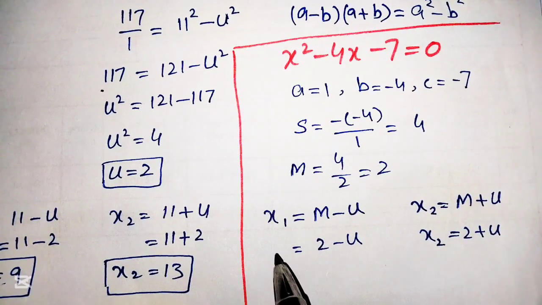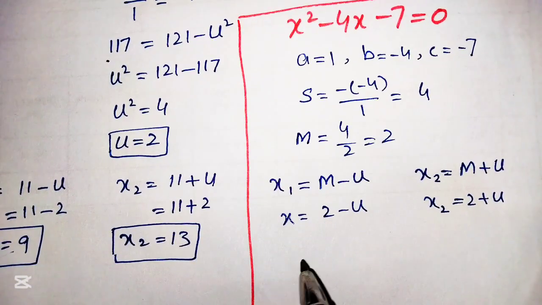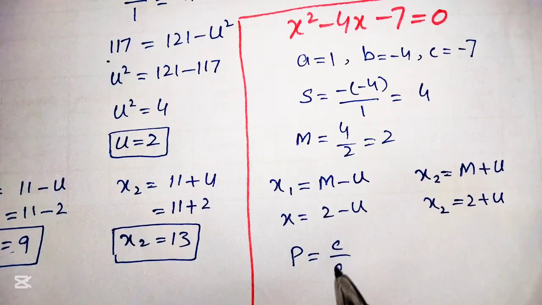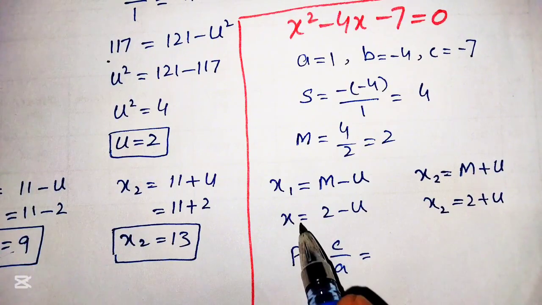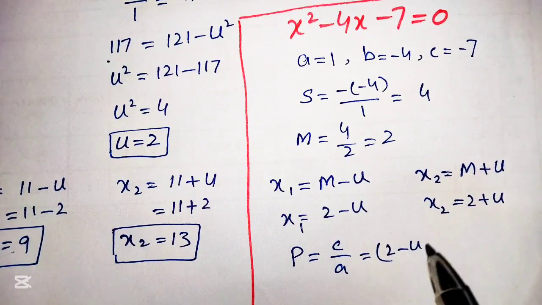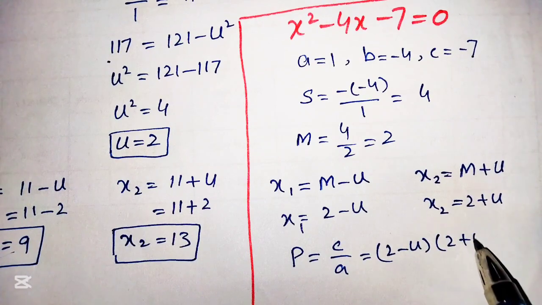Now we will use the product of roots to find the value of u. That is, the product of roots is equal to c over a, and we can also write it as the product of these two, that is 2 minus u times 2 plus u.